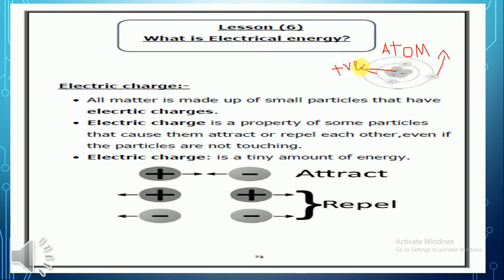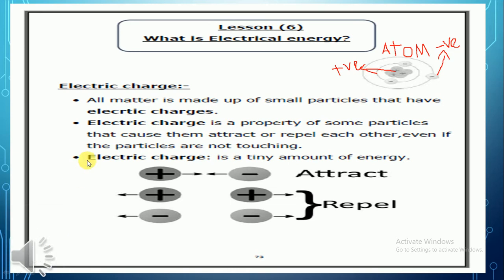We write positive like this, and this is negative charge. So every particle around you has two kinds of charge. Negative charge, and plus for positive charge. Okay, so let's see, what is the electric charge, positive or negative?